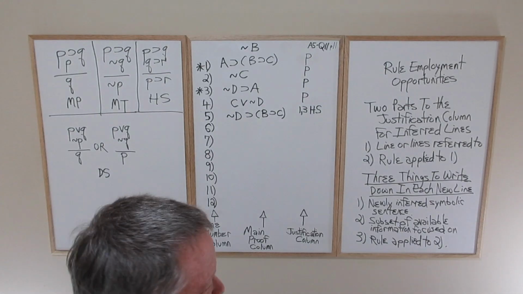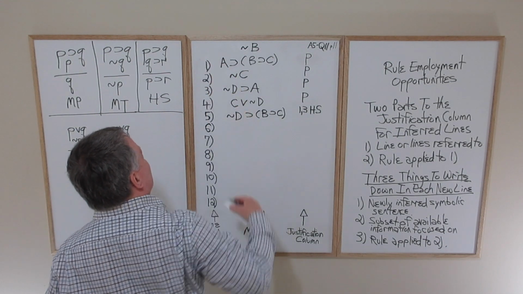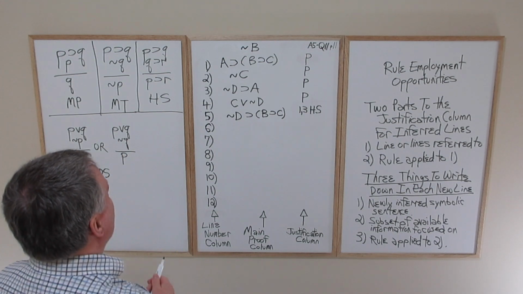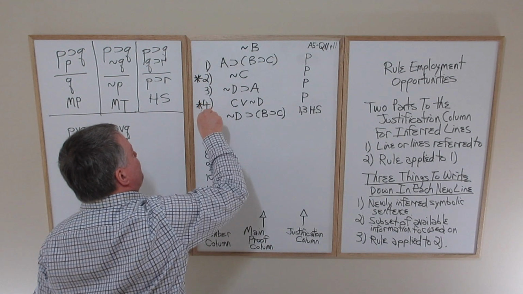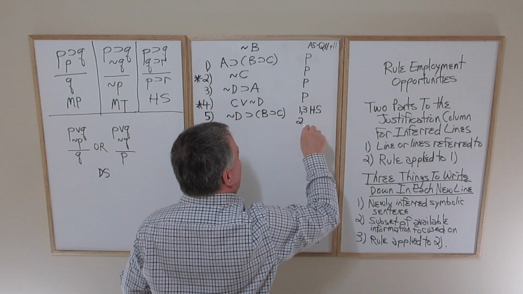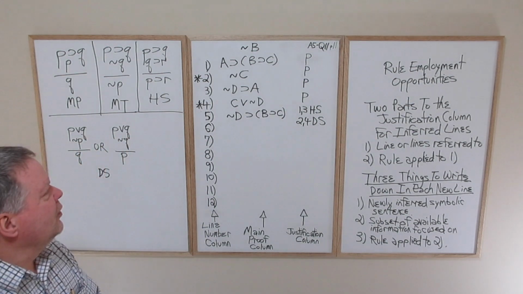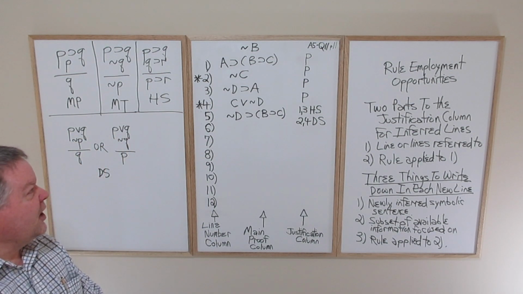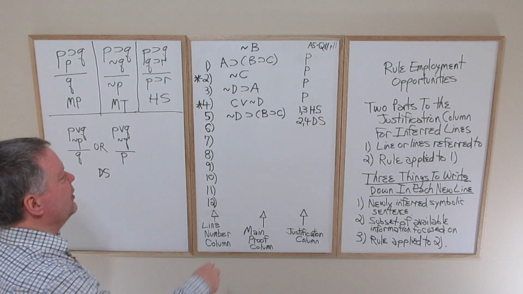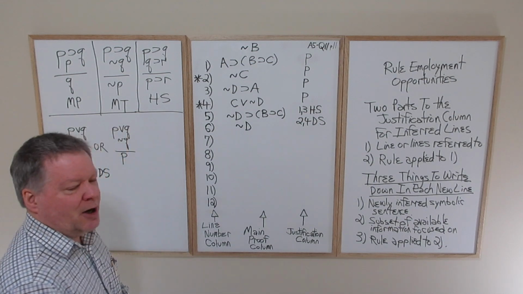Having set that out, we can now move on to disjunctive syllogism. There we have a disjunction and the negation of the right disjunct. This gives us the left disjunct.